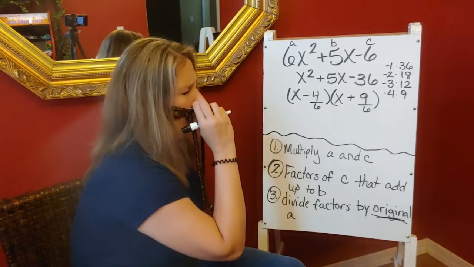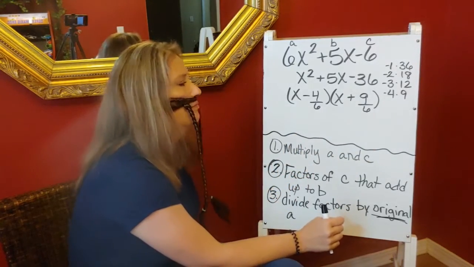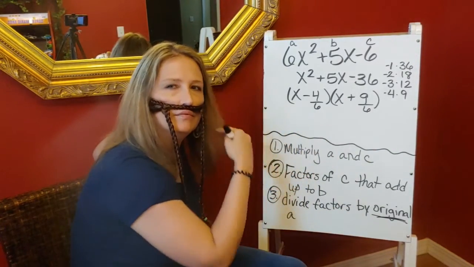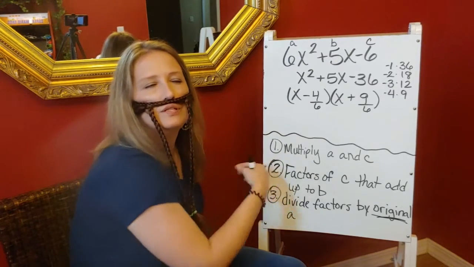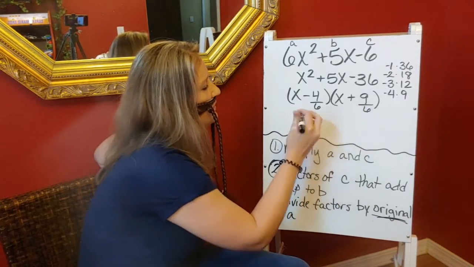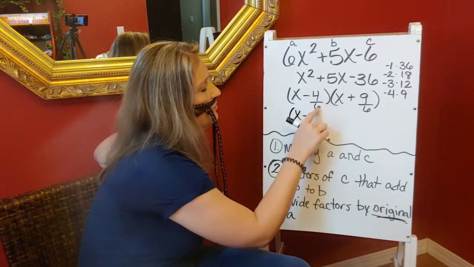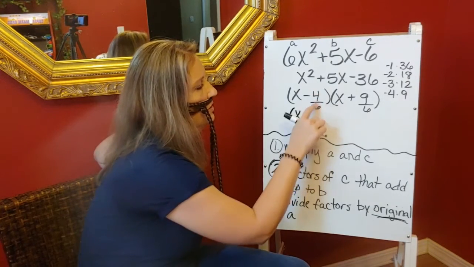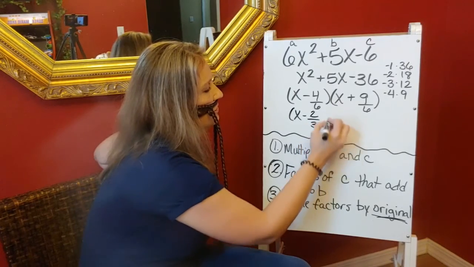All right. Now, if I look at these, both of these simplify, right? When we're looking at fractions, we always want to look for simplification. And these two will simplify to x minus this 4 over 6. 2 will go into both of those numbers and give me 2 over 3.